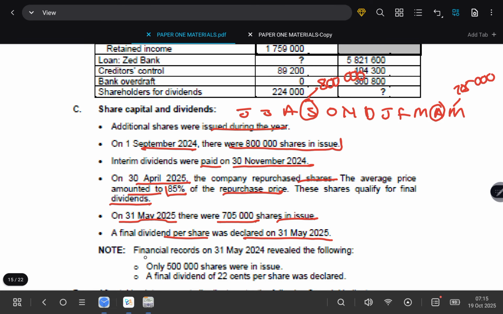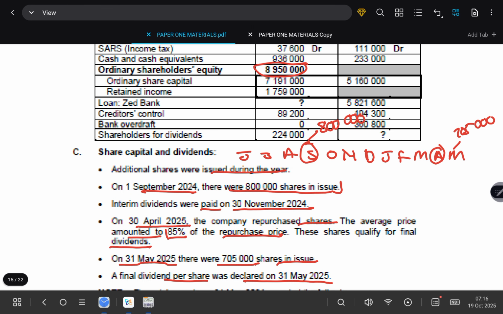And the next, they're saying that financial records on the 31st of May 2024 revealed that only 500,000 shares were in issue. Remember that if the year ends on 31st May 2024, it means it started on the 1st of June 2024. So the opening number of shares at the beginning was 500,000.